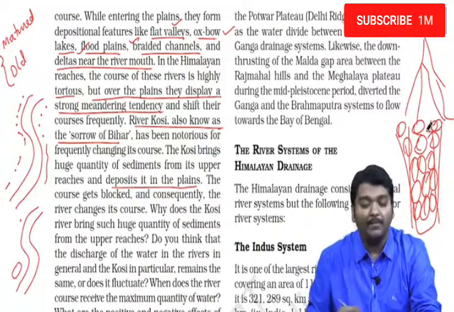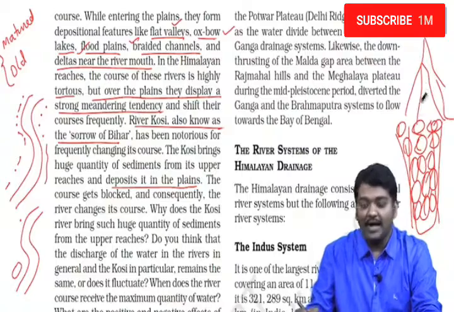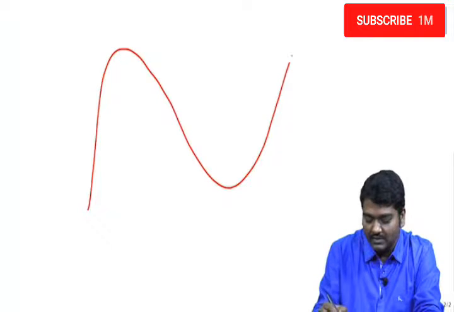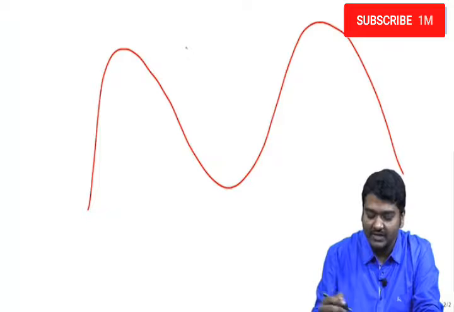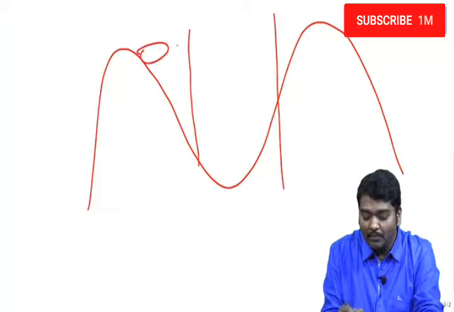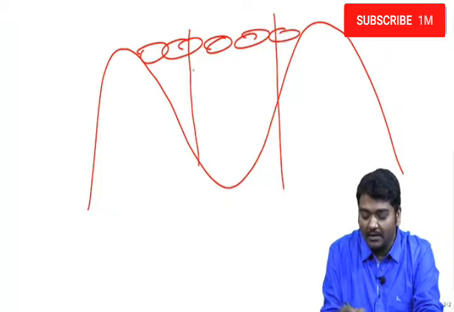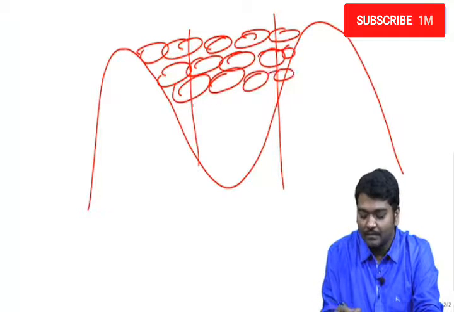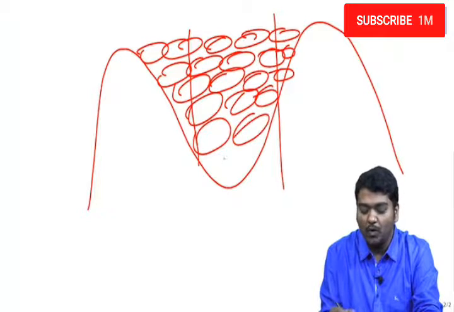Whenever it deposits more, the water will reach the surface level. For example, let me show you here. If I have mountains like this, I'm just giving you an example, the river is flowing. Now the deposition of the river came almost here. It has removed the slope completely.